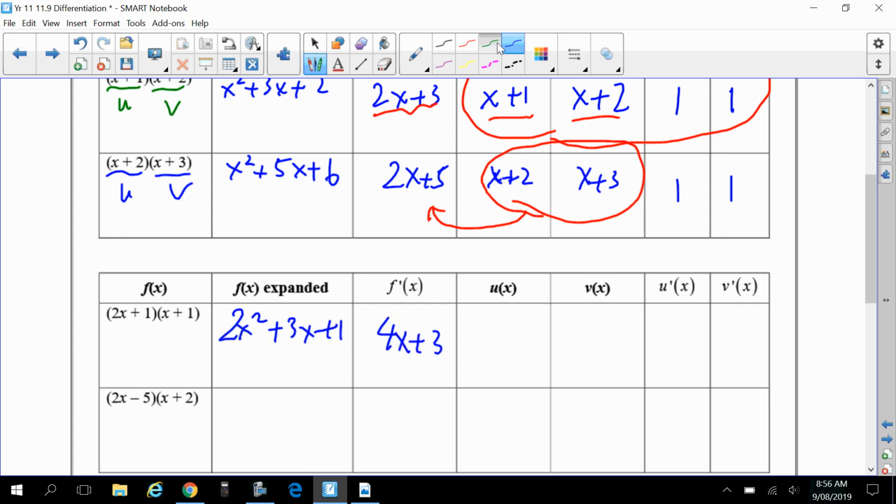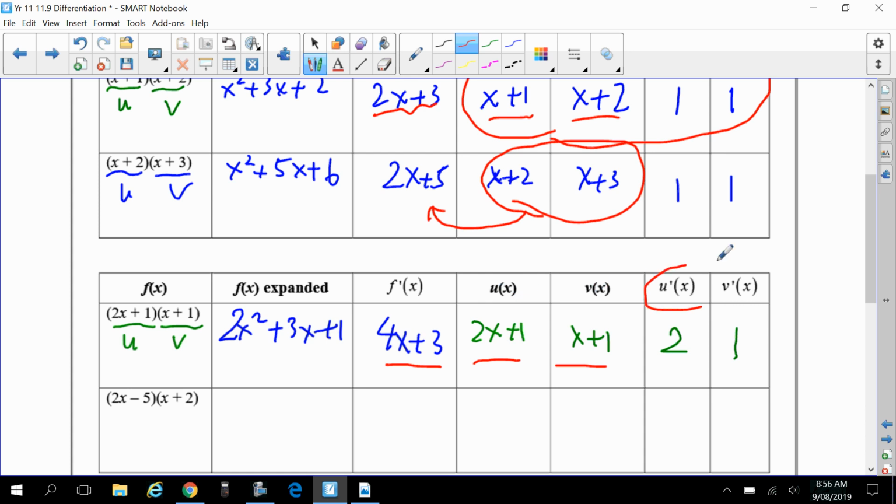Now remember, u is the first factor, v is the second factor. U is 2x plus 1. V is x plus 1. Differentiate: 2 and 1. Now clearly, the one we hypothesized earlier doesn't work by adding just u' and v'.